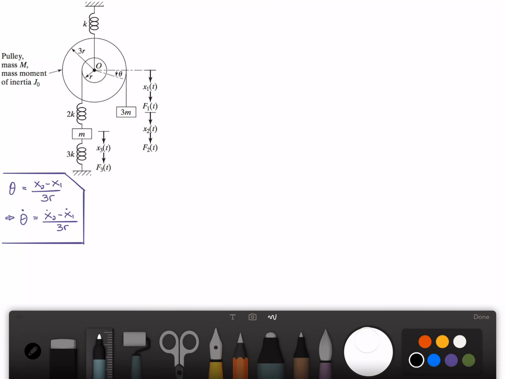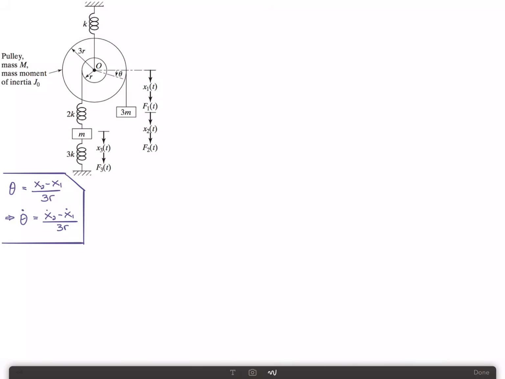So moving on, I have copied the results of the previous page here on the left regarding theta and theta dot in terms of x1 and x2. And in order to solve using Lagrange's equations, the first order of business is to find expressions for the potential and kinetic energy of the system. I'll start with the potential energy, which we call V. And V is equal to, well, let's start off with each of the springs.